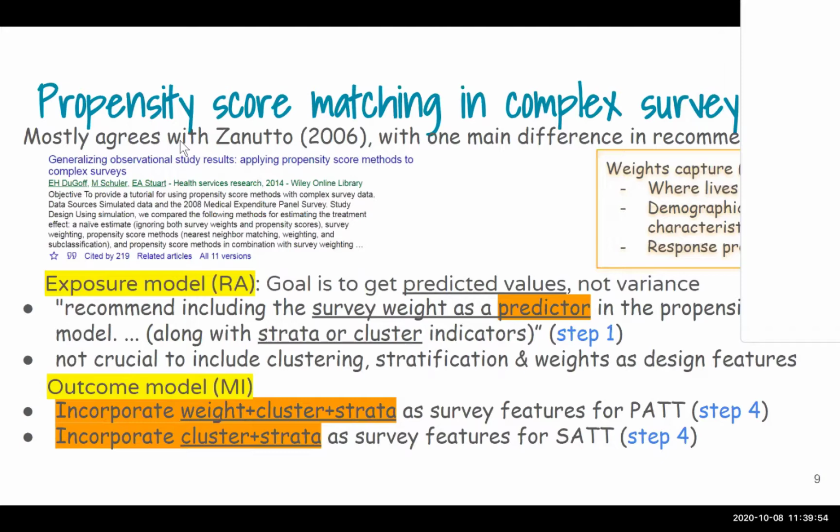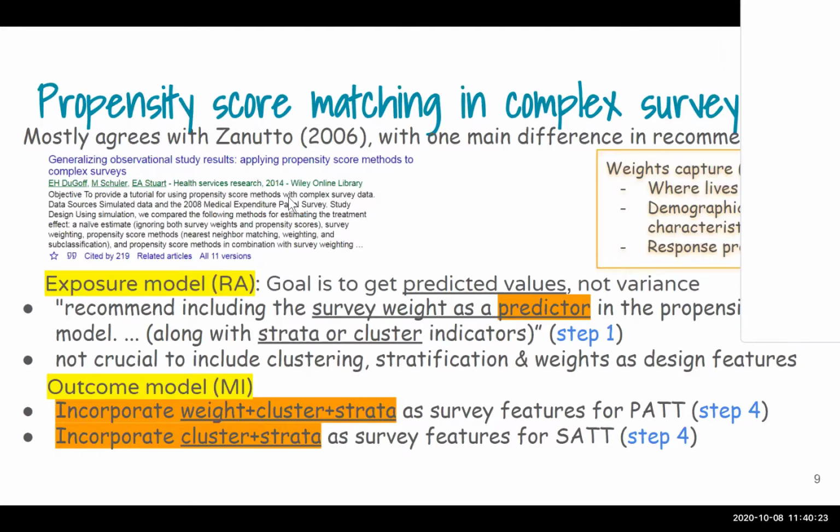What does that mean? We do not need to fit a design. We just use the data set. And in that data set, when we run the regression, we simply want to incorporate the weight, cluster, and PSU as covariates in the propensity score model. At first, it might seem a bit weird because those are not covariates. These are survey design features that represent some geographical information and some probability of getting selected.